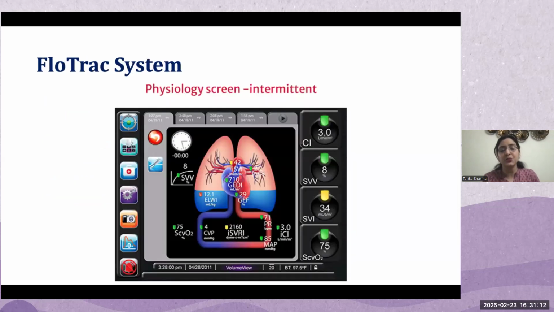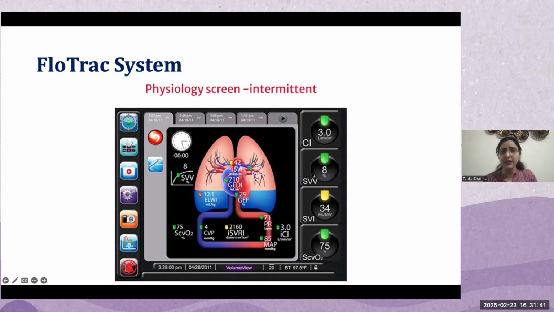The third thing which we might use is the FloTrac system. It might not be cost effective, but wherever it is indicated we might use it. Usually the FloTrac system is used for hemodynamic monitoring of patients, but if you are using volume assessment along with the FloTrac, it can provide the variation in the stroke volume.